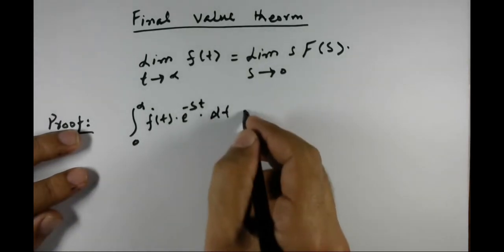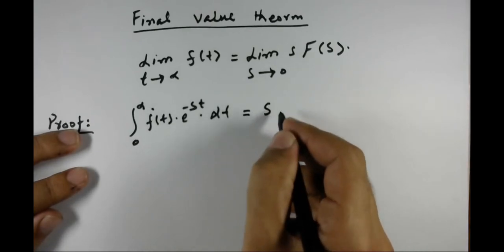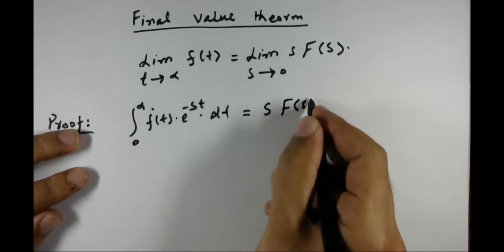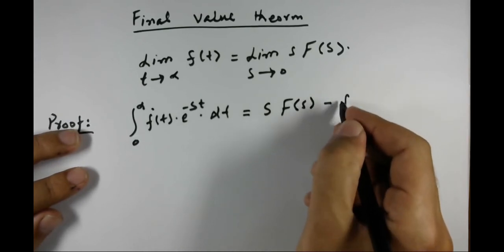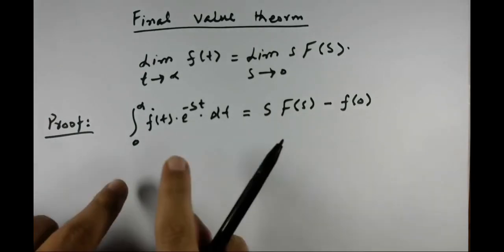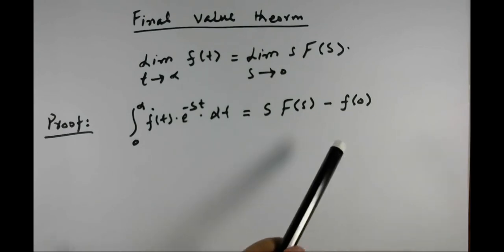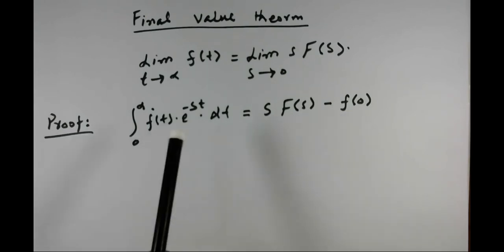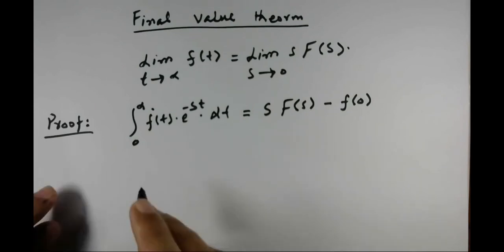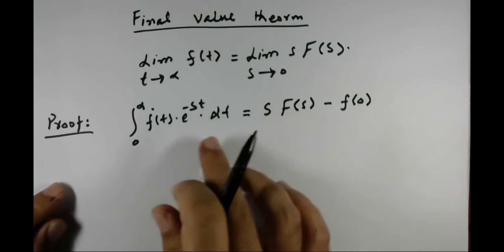Okay, so this is equal to sF(s) minus f(0). This we already proved, that this is equal to this thing, right? We already know this. You just simply need to apply the limits. You don't need to do further processing of this thing, because we already know that this is equal to this.